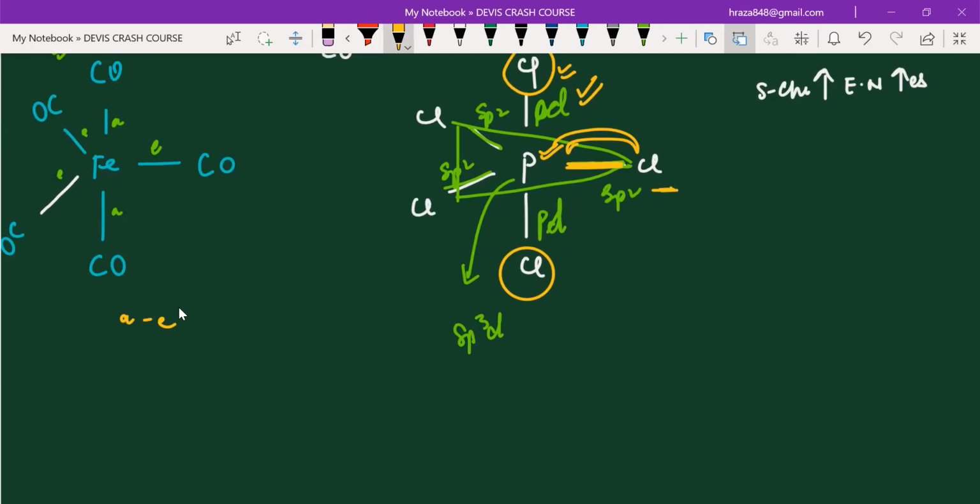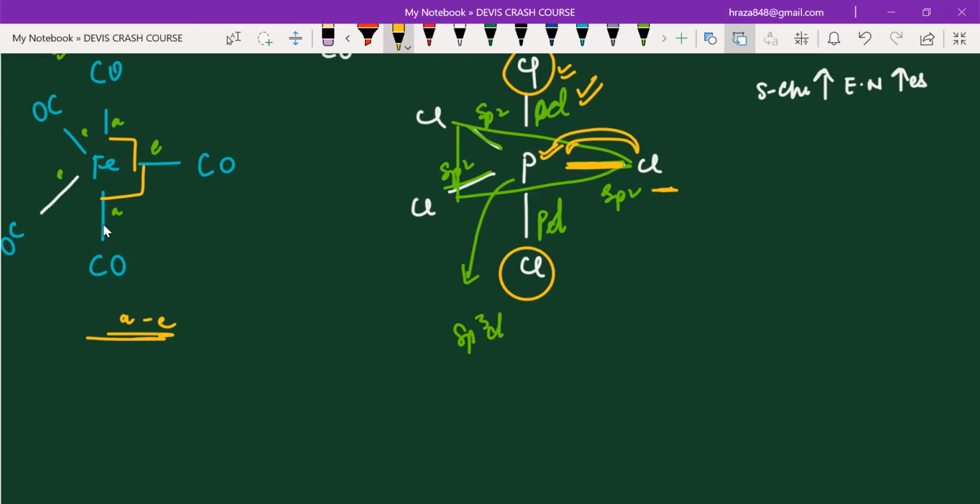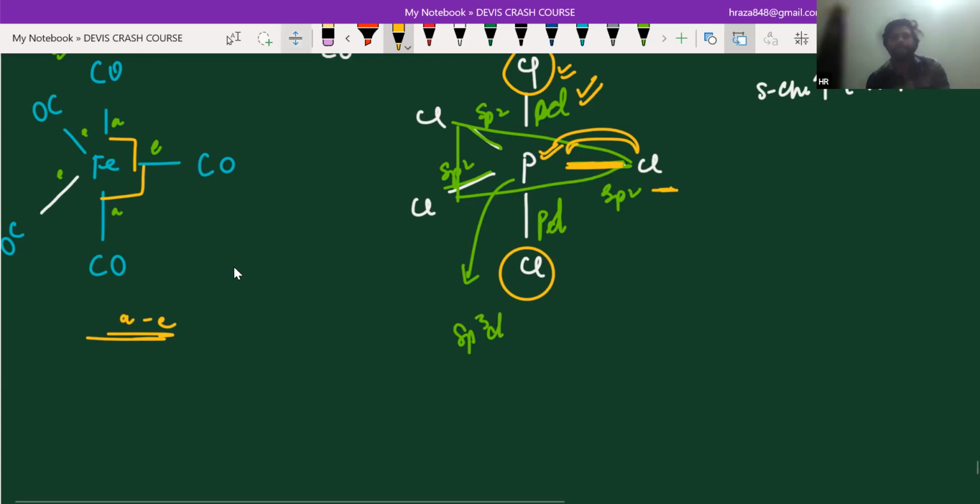The angle between axial and equatorial is 90. But how many of these 90 degree angles are present in this compound? 6, right? Very good.